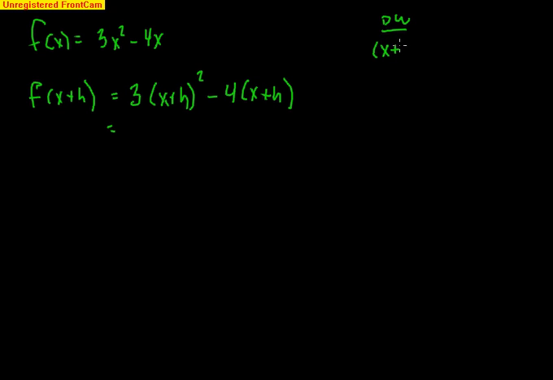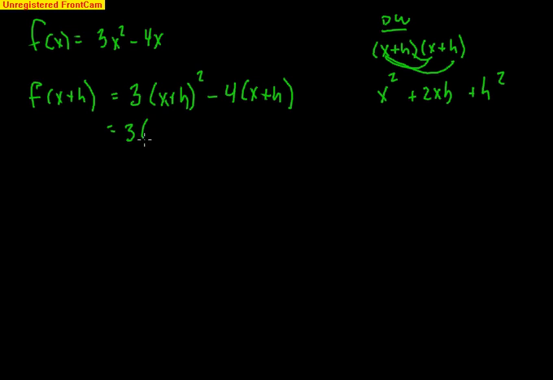x plus h squared is x plus h times x plus h. That's going to be x squared on the outside, an xh on the outside, another xh on the inside. So that's 2xh. Again, that's outside xh, inside xh. That's 2xh. Plus h times h, which is h squared.